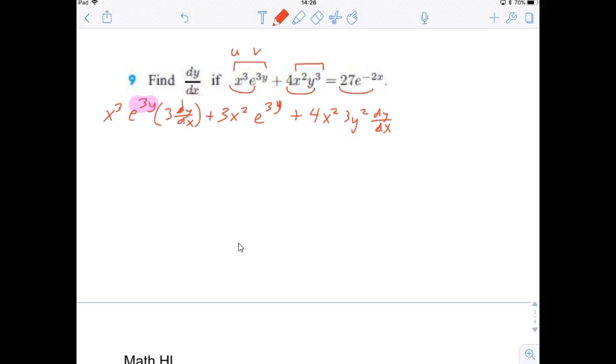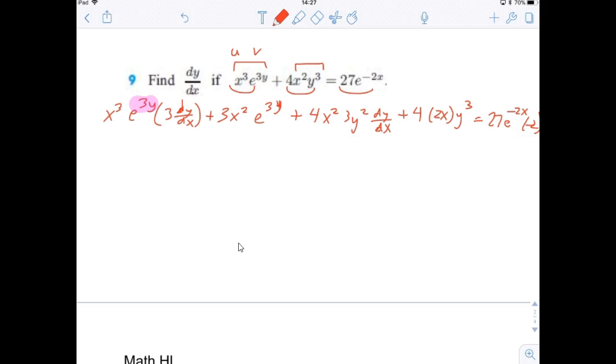And then we add that to the 4 times the derivative of x squared, which would be 2x. And then we put the v value, which is y cubed. And then on the right side, this is actually not such a bad derivative, 27 just stays out front. And then e to the negative 2x, and then we take the derivative of the exponent, which is negative 2x, derivative is negative 2, right?